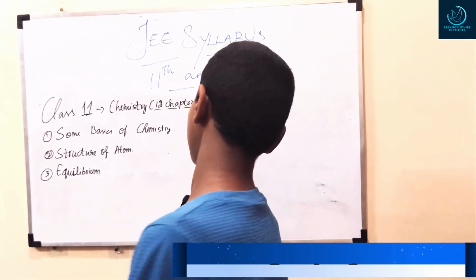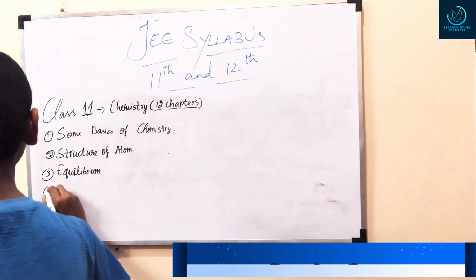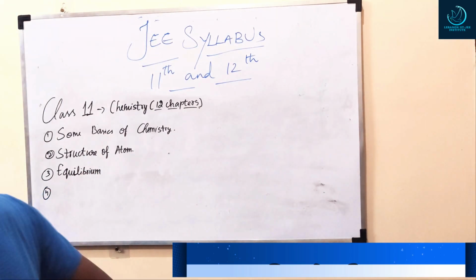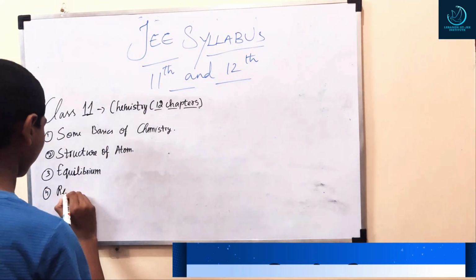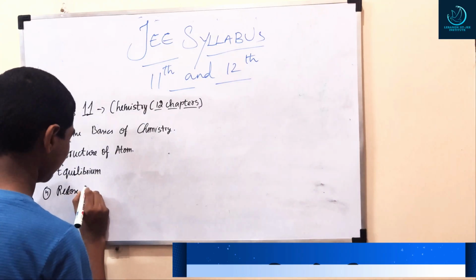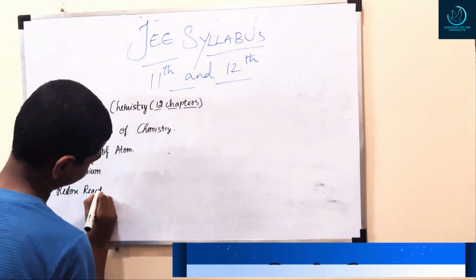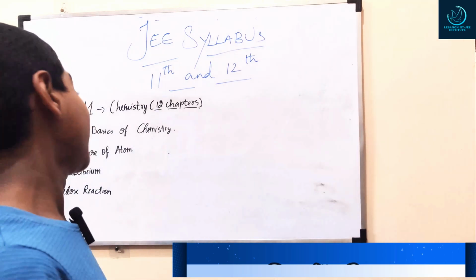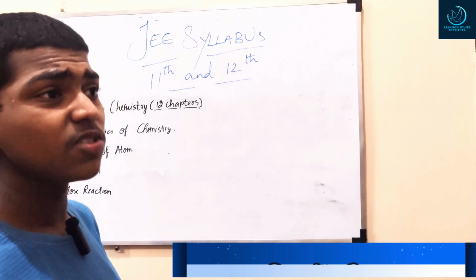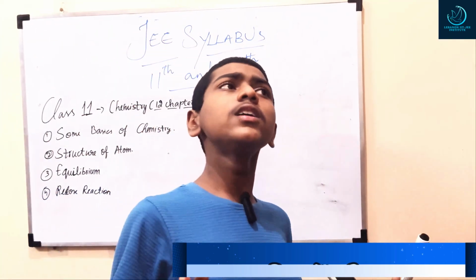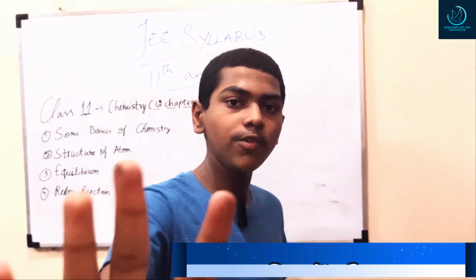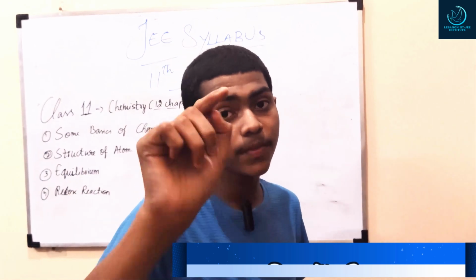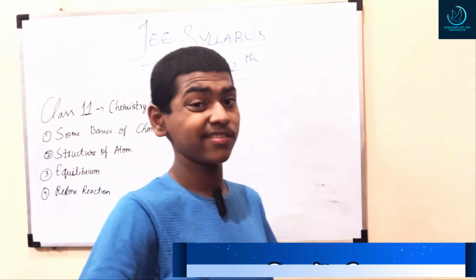So the fourth one you're going to study is redox reactions. If you see this, you get scared: how can I learn this, sir? Leave it to me. I will teach you the best, zero to hero.